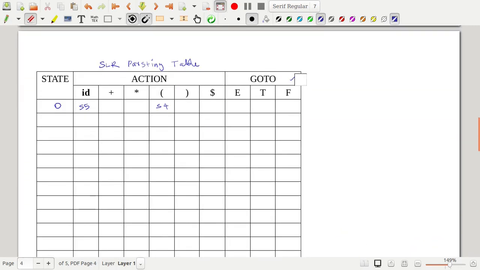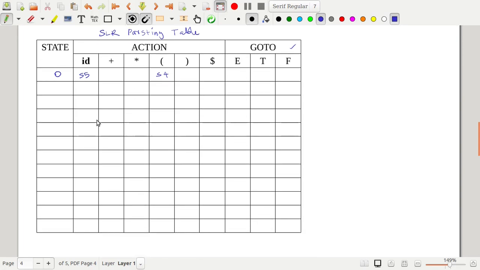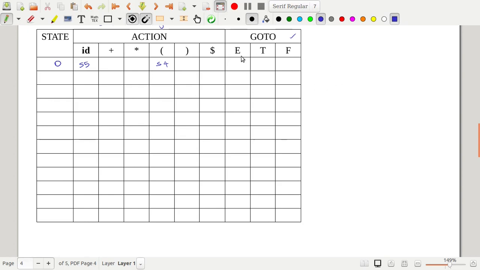Next we can consider the go to part of our parsing table, how to fill this go to part of our parsing table. For that purpose we can use the go to function of our LR0 automaton itself. This actually corresponds to all non terminals; the action part corresponds to terminals.